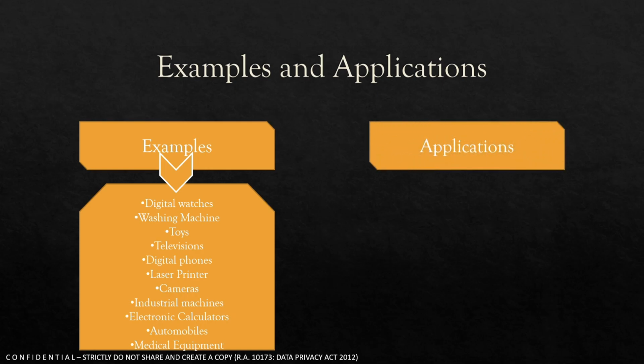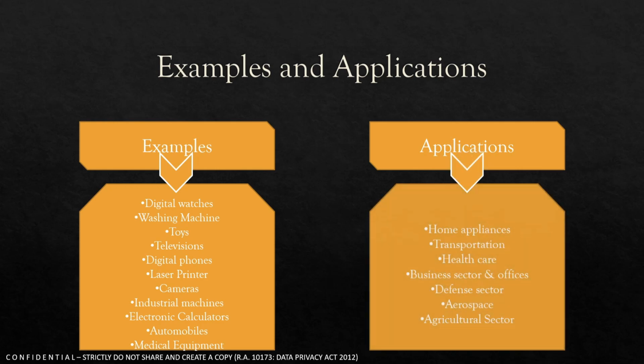So we have also the applications in the real world. So the different applications are home appliances, transportation, healthcare, business sector and offices, defense sector, aerospace, and also the agricultural sector.